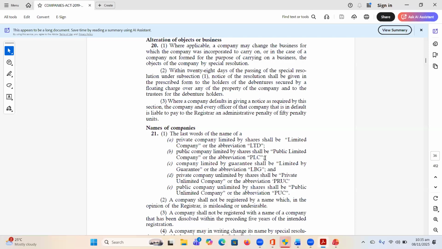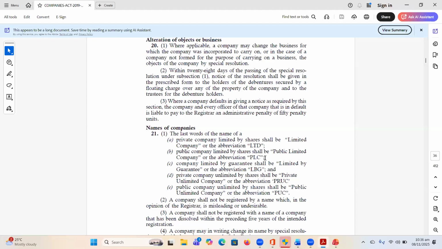In the same vein, we also have companies which are limited by guarantee. And we also need to know those ones by looking at the name of the company. But under the old law, if it was a company limited by guarantee, by looking at the name of the company, you could not get the clear information as to whether it was really limited by guarantee, unless you went to look at the certificate or the regulations.